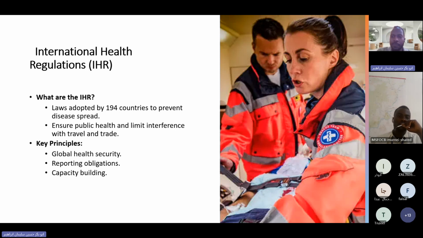In Sudan, we have a federal ministry of health. There is a part responsible for the International Health Regulation, and they have teams at the airports like Khartoum airport and also in different areas there.